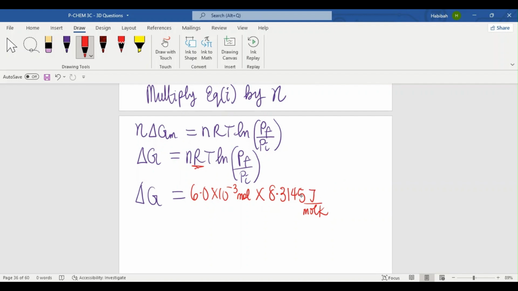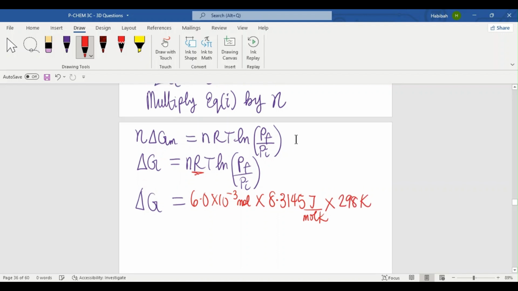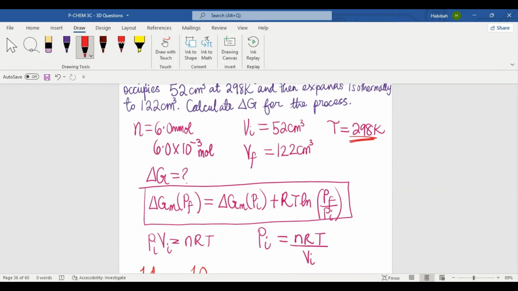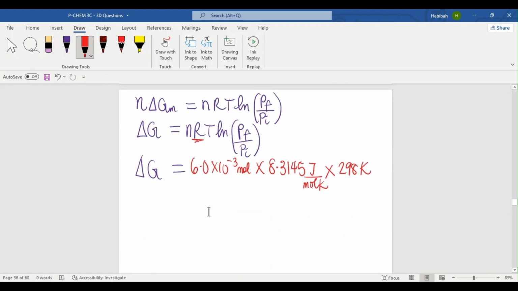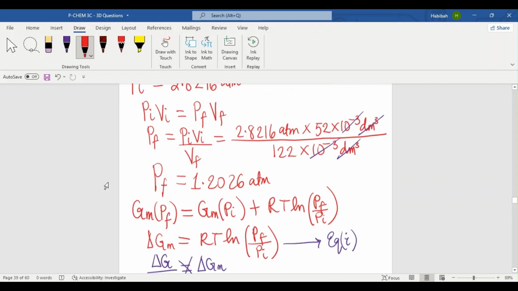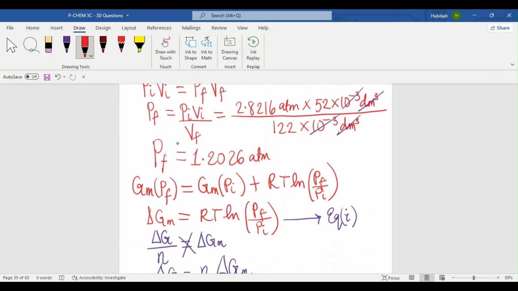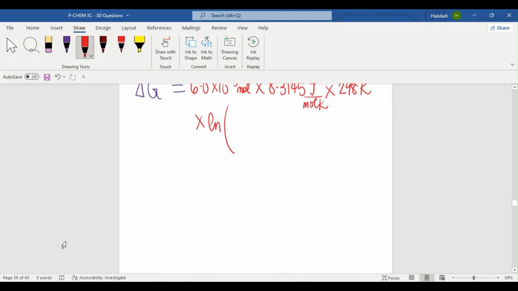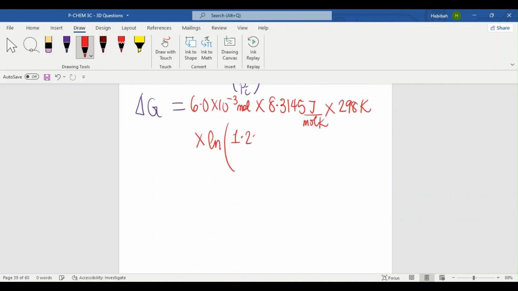Times temperature, which we know to be 298 kelvins according to the question, and all of that times ln P final. We just solve for that. P final is this one right here, 1.2026 atmospheres actually.